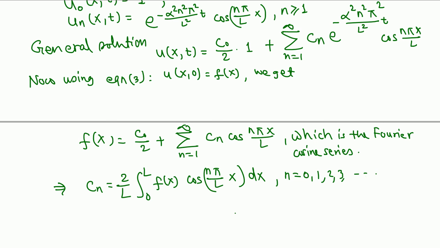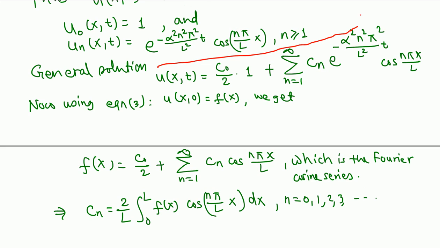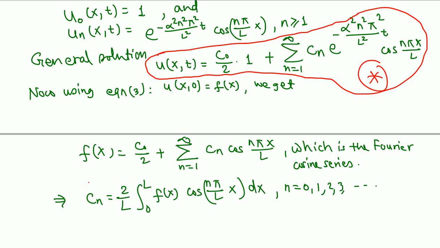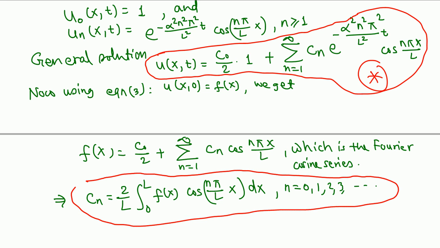And the solution for this problem is in fact given by this u. This is the solution anyways, u star, let's say star, where these cn's are found using this, for n equals 0, 1, 2, 3, 4, etc., star 2.